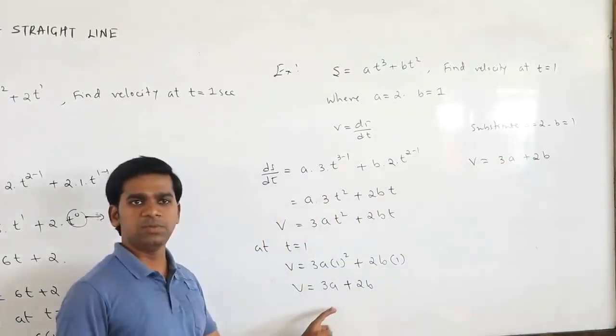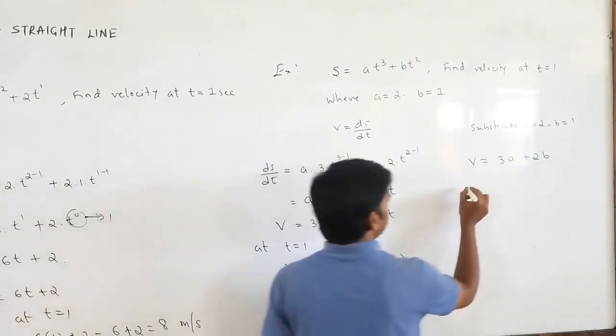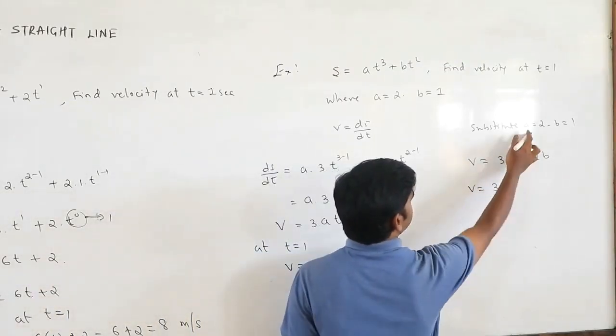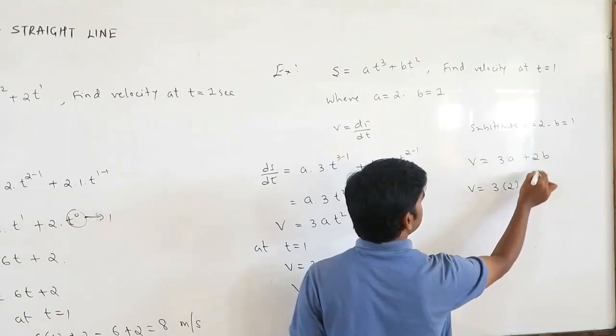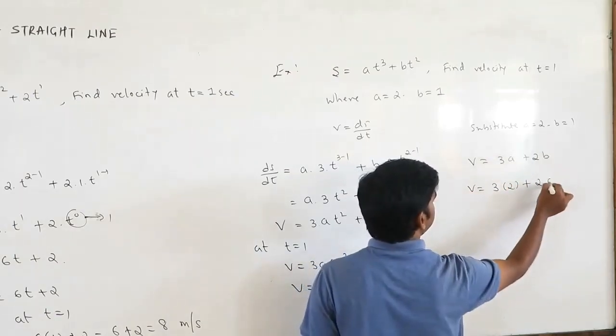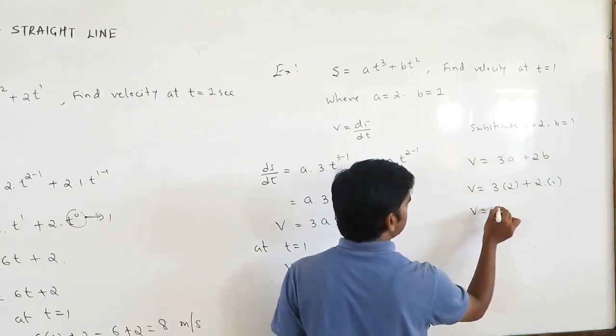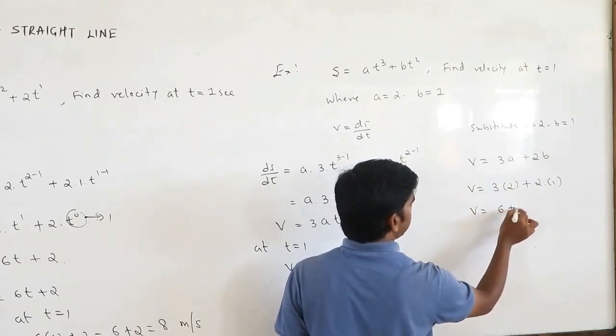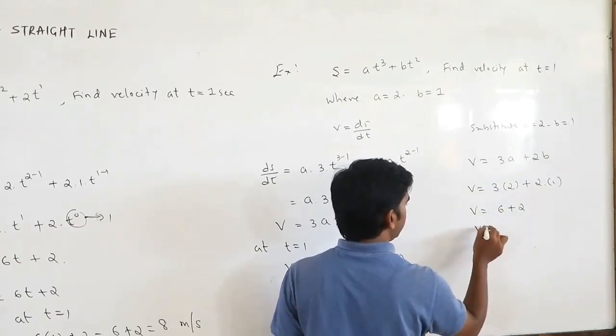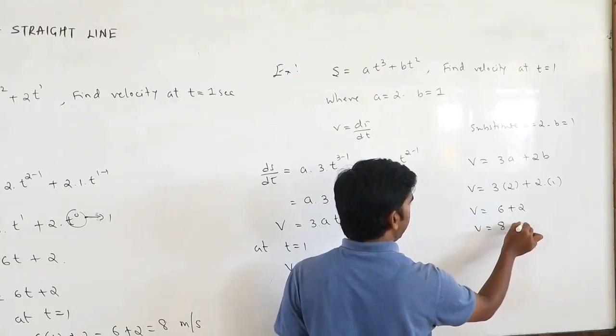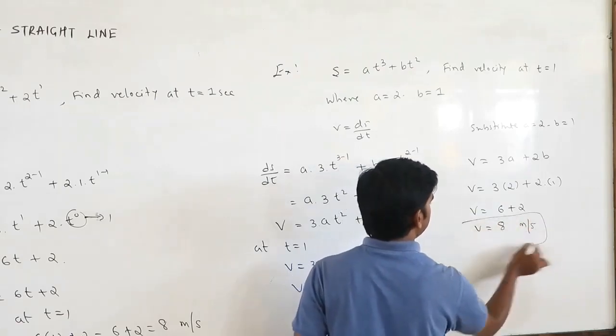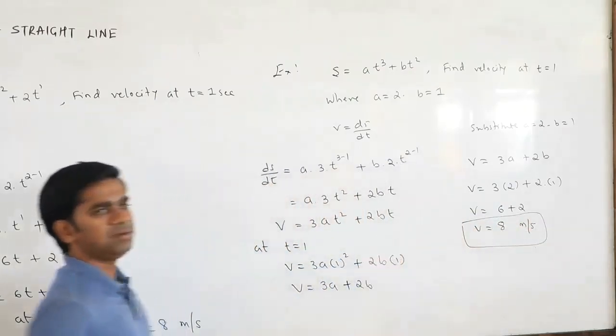What is a? A is 2. Plus 2 into b, and b is 1. So velocity equals 3 into 2, 6, plus 2 into 1, 2. So v equals 8 meter per second. This is the velocity you are going to get.